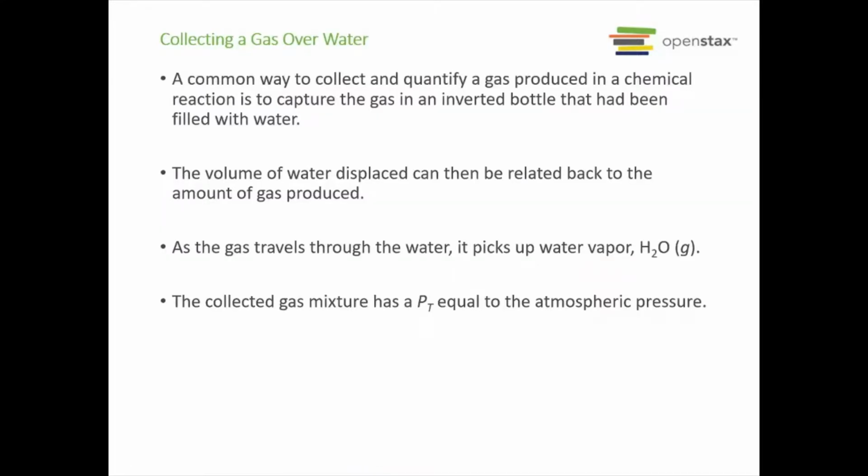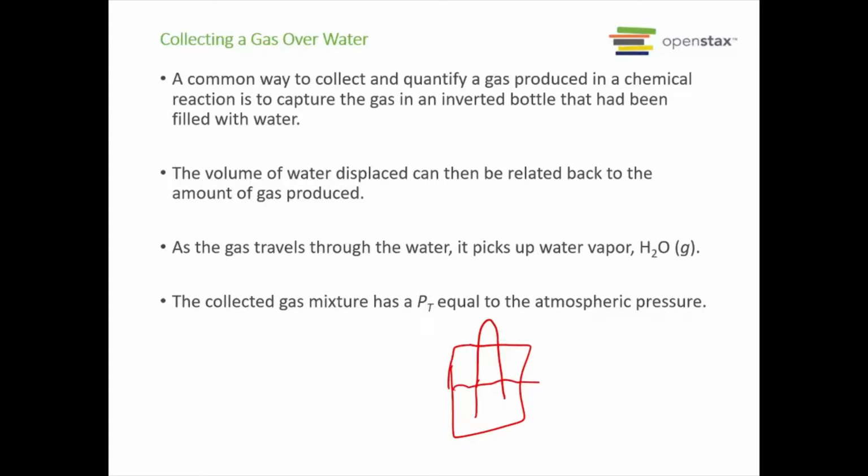All right, so let's talk about another way you can use Dalton's law of partial pressures. One way that gases are collected and then quantified is by collecting them in an inverted bottle that's been filled with water. So you have a bottle or a test tube, and it's all the way filled with water, and then it's submerged also in like a beaker of water.